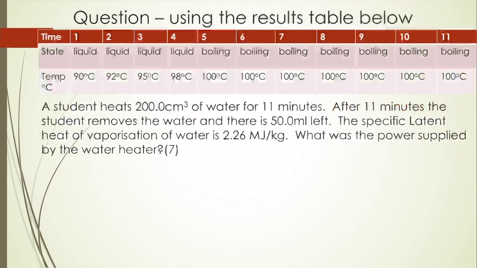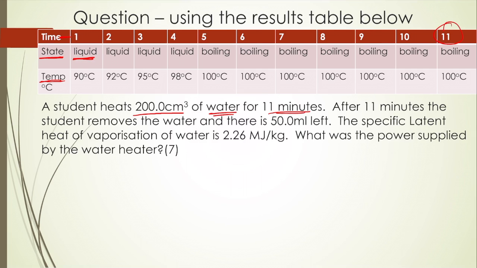Okay, let's have a look at a question then. A question using the results table below. Let's take a quick look at the results table, and then you can have a go at the question. So we've got time here on the top, state, as in what's happening to the liquid, and then we've got temperature underneath. A student heats 200.0 centimeters cubed of water for 11 minutes.